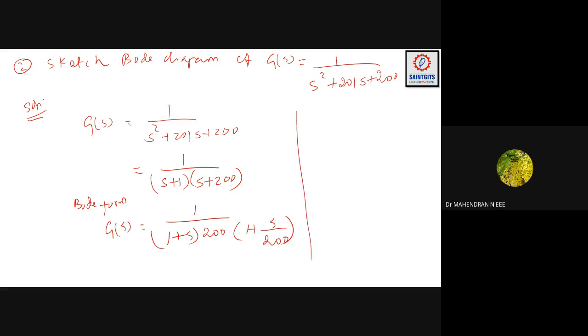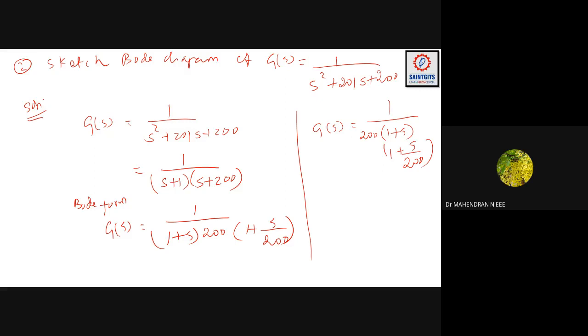So this can be written as G of S equal to 1 divided by 200, 1 plus S into 1 plus S divided by 200.